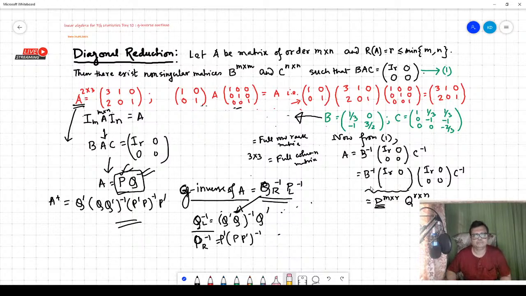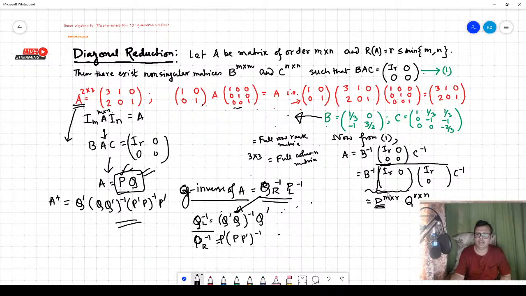Okay, and C inverse, and here I_R 0. Please check this thing.